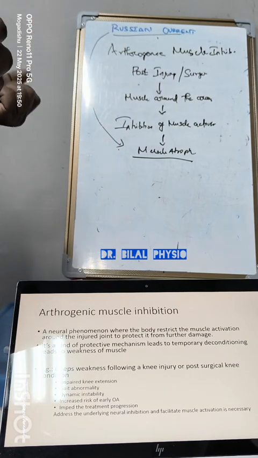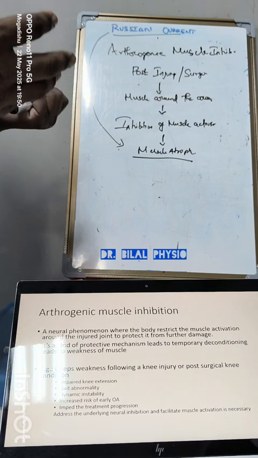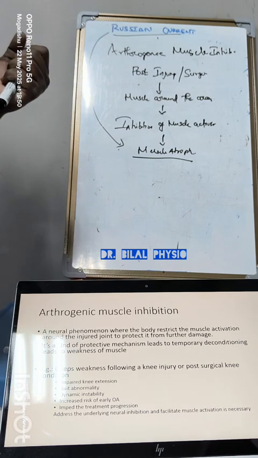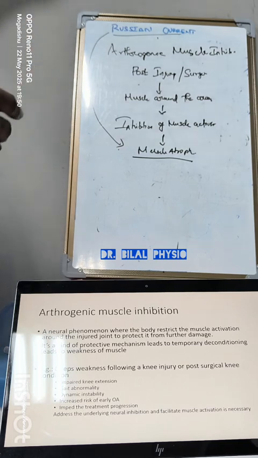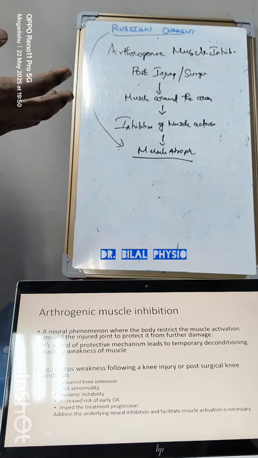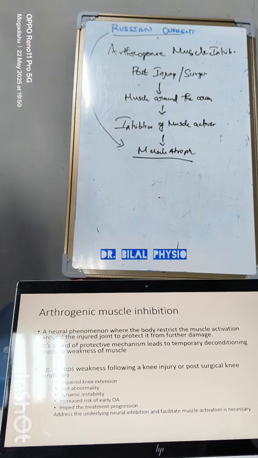In the shoulder or elbow, the elbow extension is lost or impaired. Mostly we see knee patients or post-surgical knee patients in our clinical setup, so I take this as an example.